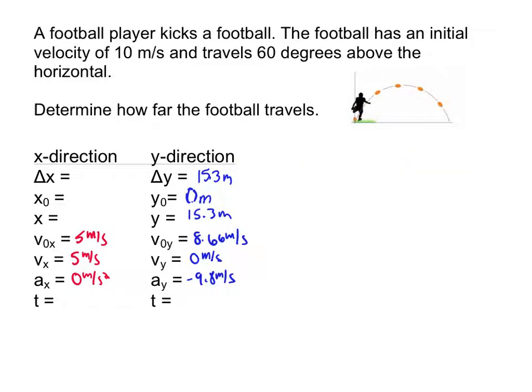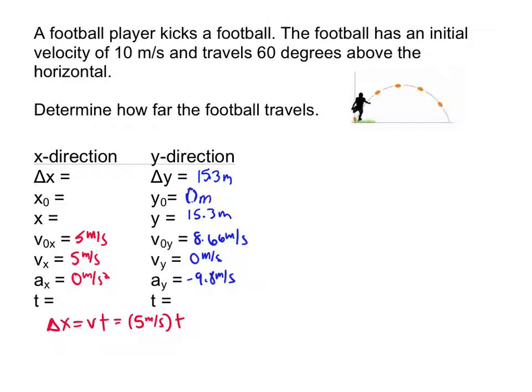All right, for the second part of the problem, we have to determine how far the football travels. So if we try to work with our equation for the x direction, again, we won't be able to continue because we don't have the time.